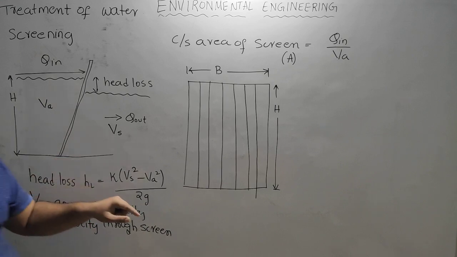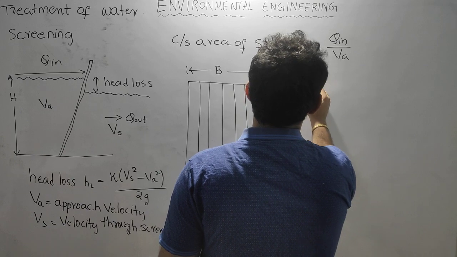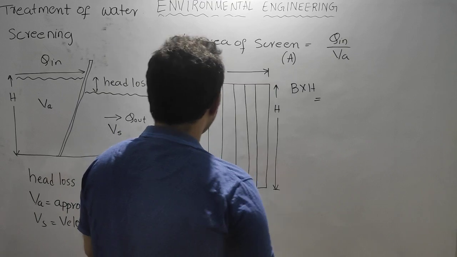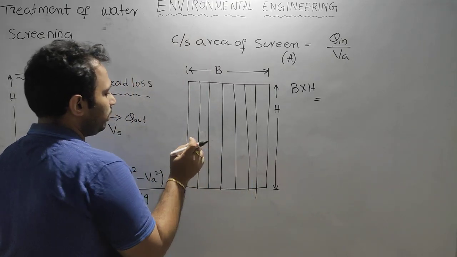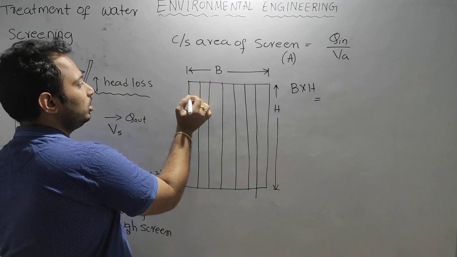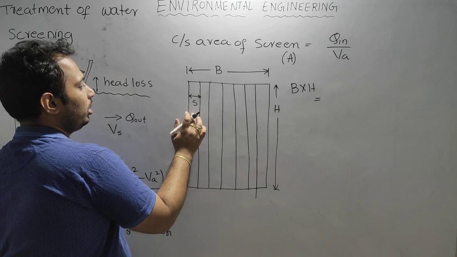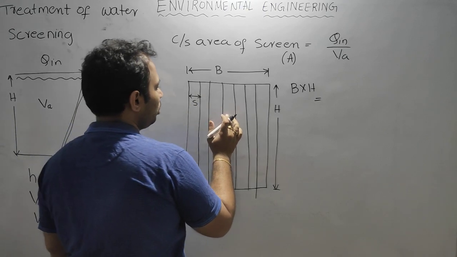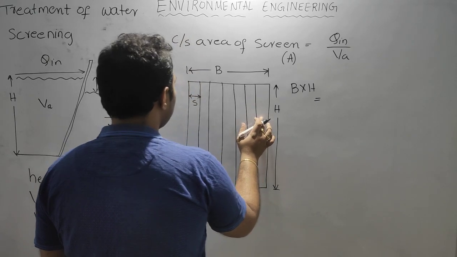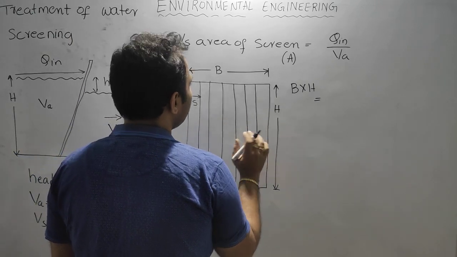Here the cross section constitutes bars and spacings. So what is B? This is spacing: 1, 2, 3, 4, 5, 6, 7 spacings are there. For how many bars? 1, 2, 3, 4, 5, 6, 7, 8 bars.